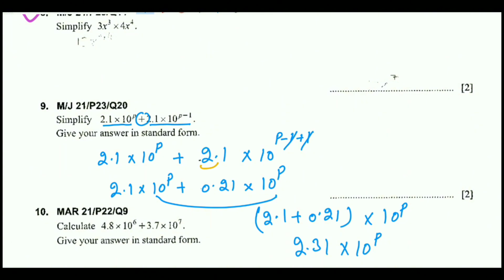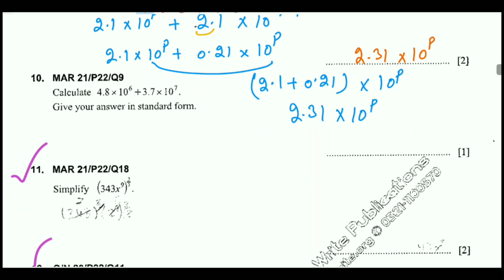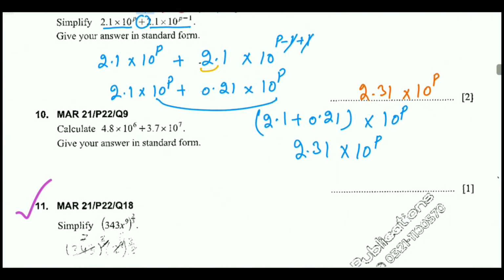At the end you have to check that is this a standard form. So yes, 2.31 multiply 10 raised to power p is the standard form because this value is within the range. Okay, next question. 4.8 multiply 10 raised to power 6 plus 3.7 multiply 10 raised to power 7. You have to make the power the same according to the rule of addition of standard form.